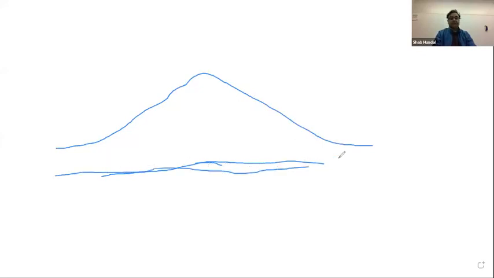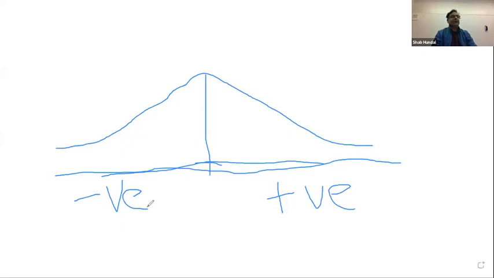There's some data, and there's an average. Some values are more than average; we call them positive. Some values are less than average; we call them negative. The rationale behind the normal distribution is that if you move some distance on either side of the average, let's say the average is 50, whether you are calculating marks or income or whatever.